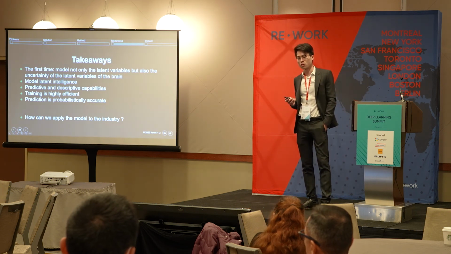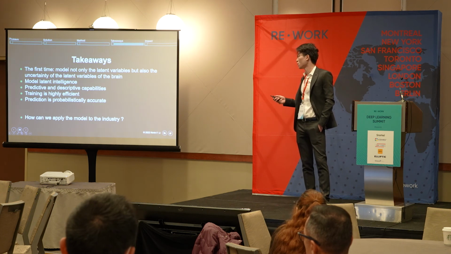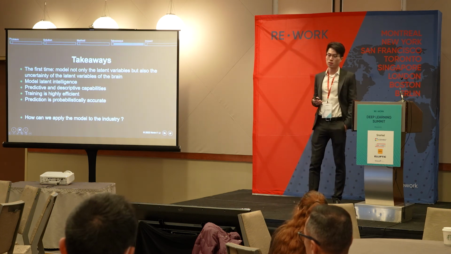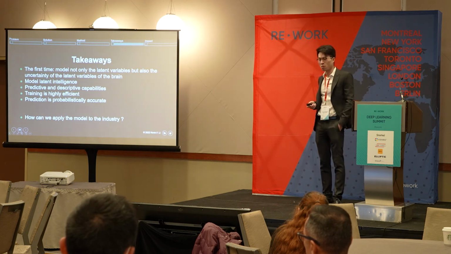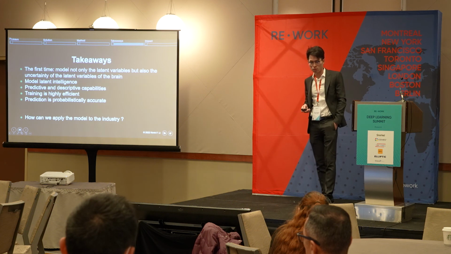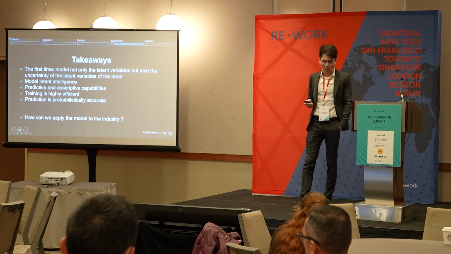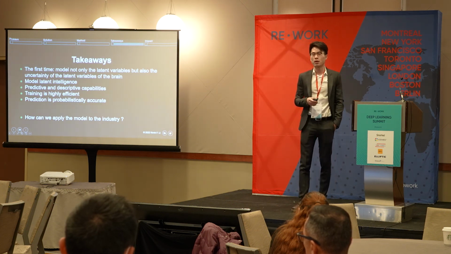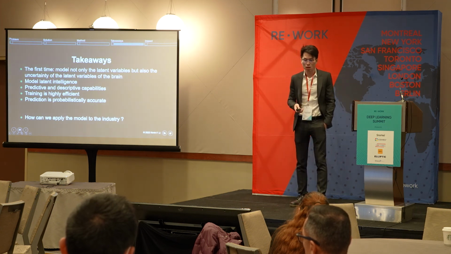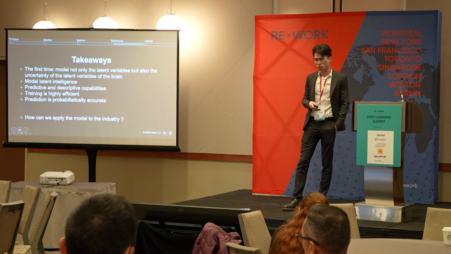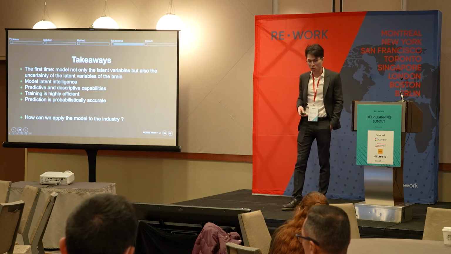Some takeaways for today's presentation. This is the first time we are able to model not only the latent variables, but also the uncertainty of the latent variables of the brain, so that we can finally model latent intelligence. Some of the models we built in the benchmarking have predictive capabilities, and the Bayesian model has descriptive capabilities.